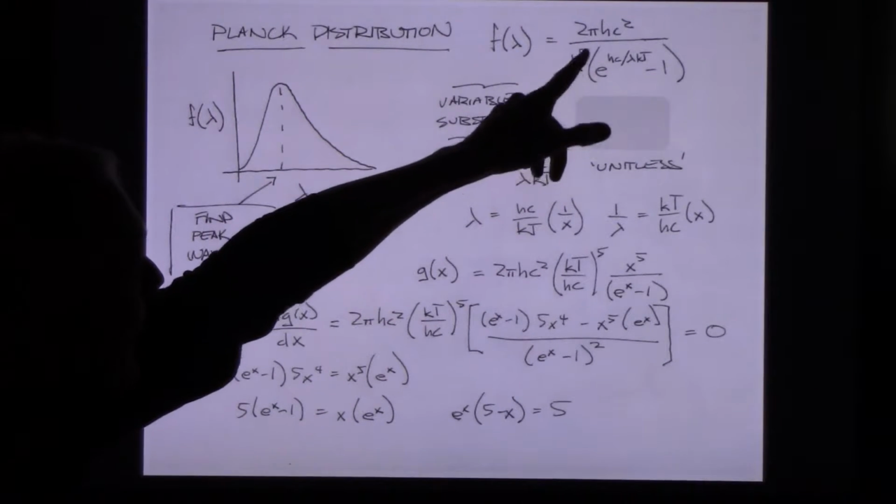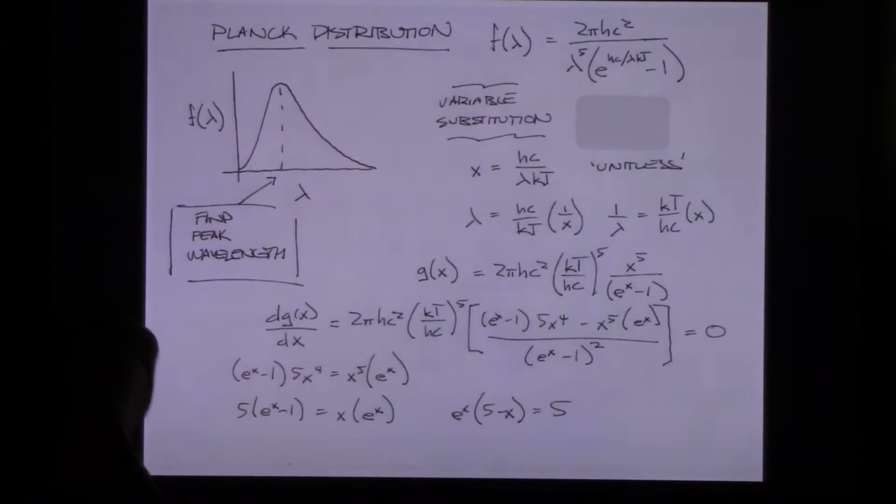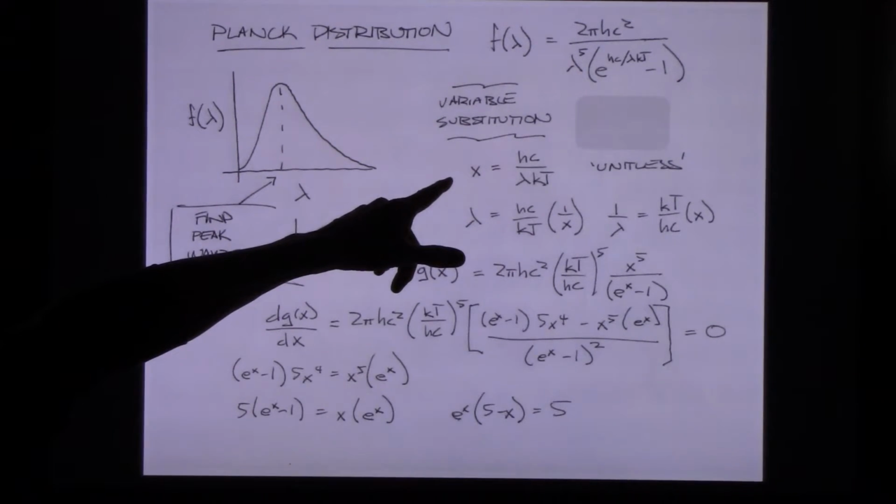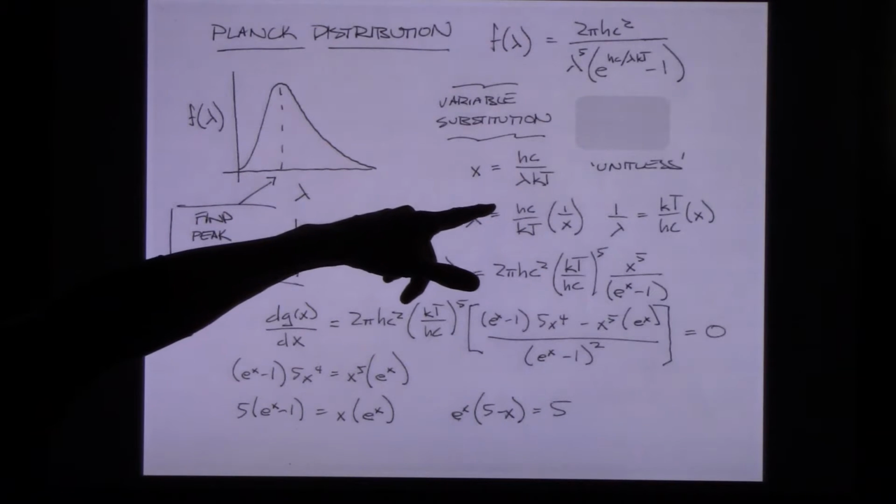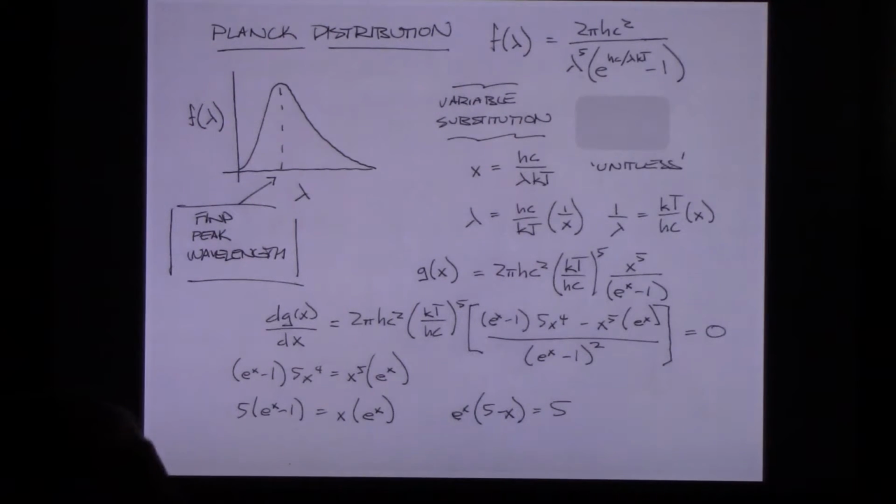I know that if I look at that combination hc over lambda kT, it can't have any units because I'm exponentiating it. It's like cosines and sines. They can't have units if I'm taking the sine or a cosine. Radians are the unitless unit, right? So anyway, this idea of using a variable substitution with some variable that's unitless actually is kind of handy.